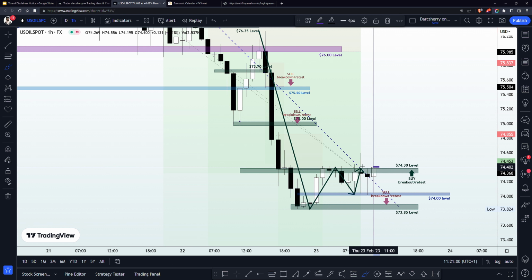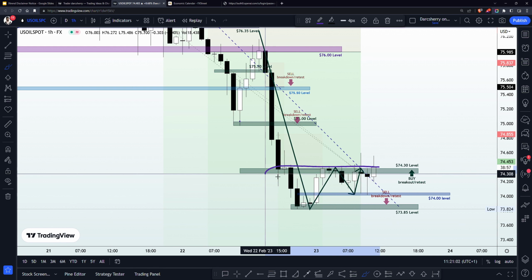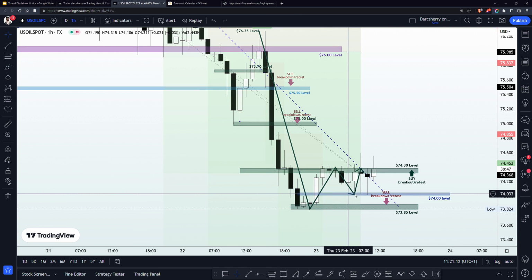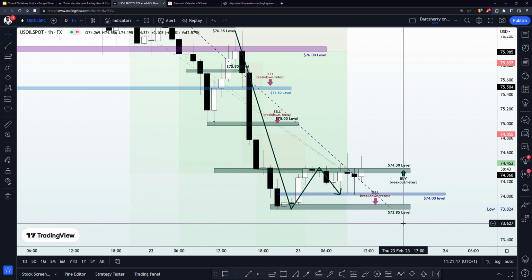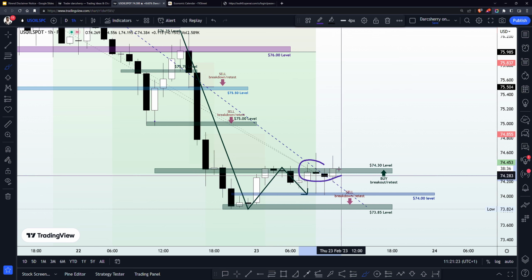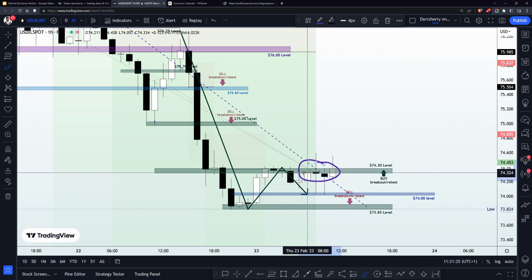And coincidentally, the neckline area falls exactly along the resistance level of that flat channel we identified earlier at the $74.30 area. So now, one thing that also makes this current structure a very interesting one is the fact that it shares a confluence with that bearish trend line that has been guiding selling momentum since the beginning of the week.